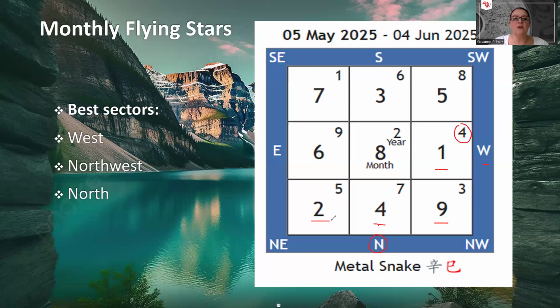Nevertheless, there is still a strong illness energy associated with the number 2. So I would say if you're suffering from chronic illnesses, or if you are pregnant, or if you have a small infant, then probably don't spend too much time in the Northeast sector, because that can aggravate things.